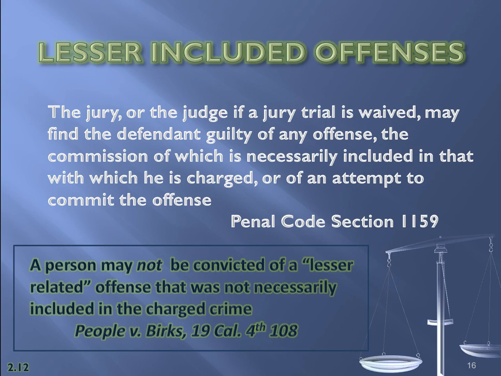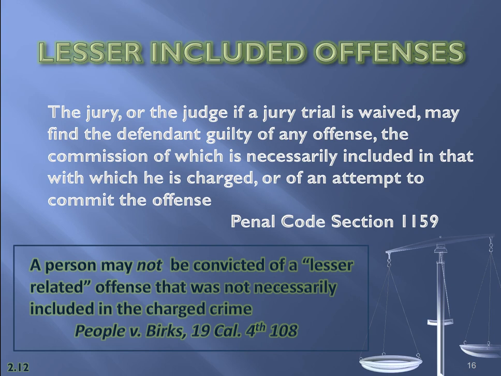Some examples of lesser offenses not included: the crime of robbery does not include the offense of receiving stolen property, nor is the offense of child molesting necessarily included in the crime of oral copulation. I know it's really confusing, and that's again why I need you to read your textbook. But the jury, or the judge if a jury trial is waived, may find the defendant guilty of any offense, the commission of which is necessarily included in that with which he is charged, or of an attempt to commit the offense.